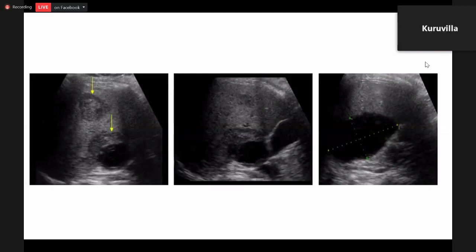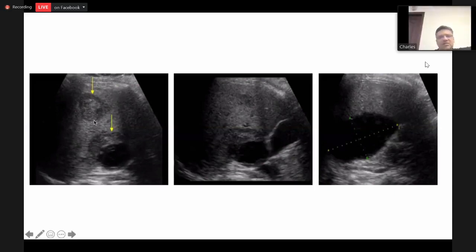Sir, since he's a bodybuilder, maybe on anabolic steroids, the ultrasound shows hyperechoic lesions and bleeding into the dilated biliary radicals, hemobilia.